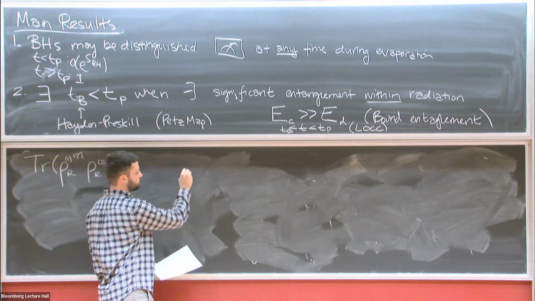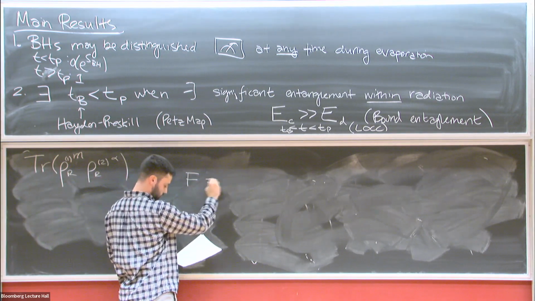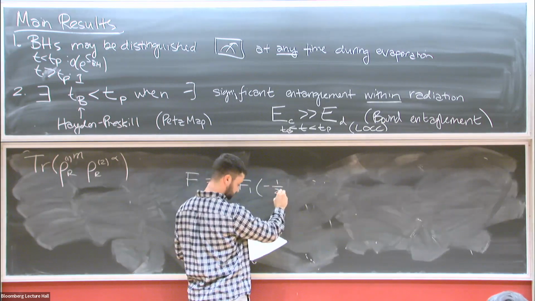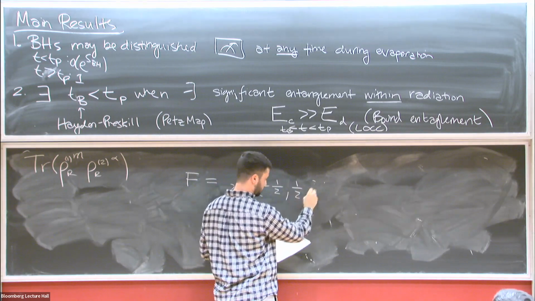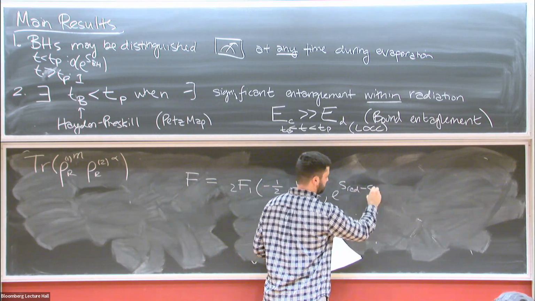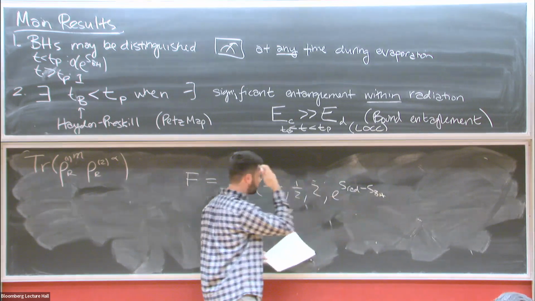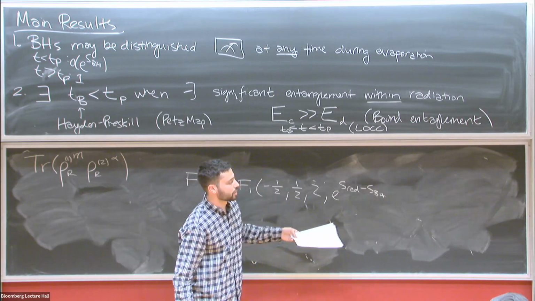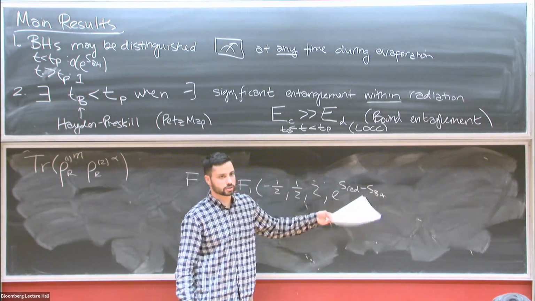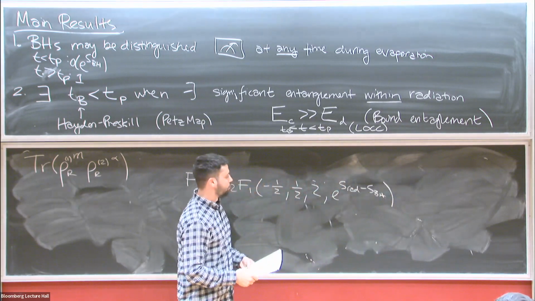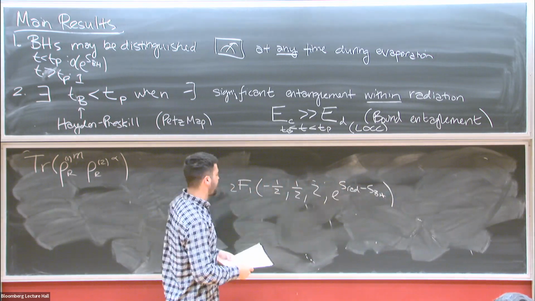But then eventually you get that the fidelity is given by just some hypergeometric functions. Now that you're computing these better quantities, you don't get the second Rényi entropy of the black hole, but you get the von Neumann or the actual entropy of the black hole. And so this has some transition at the page time.